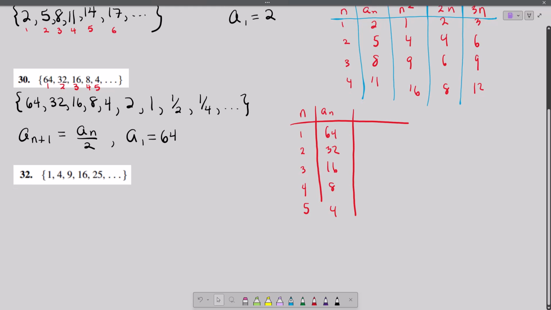So one of the things I notice is that we have powers of 2. Maybe actually what I'll do is even explicitly state that in this step. And this is 2 to the 2, this is 2 to the 3, this is 2 to the 4, this is 2 to the 5, this is 2 to the 6.